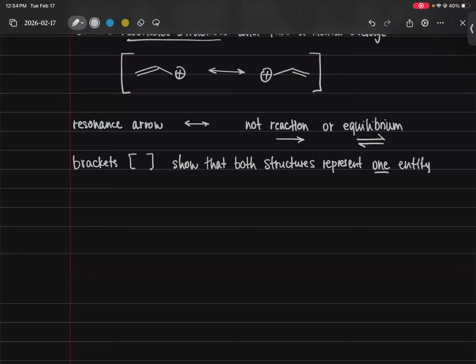Okay, this is important and sometimes a little counterintuitive, I think, for some people. Because the resonance arrow looks a lot like an equilibrium arrow, it's easy to trick yourself into thinking that the molecule is flipping back and forth between those two states. Okay, that is not what's happening.